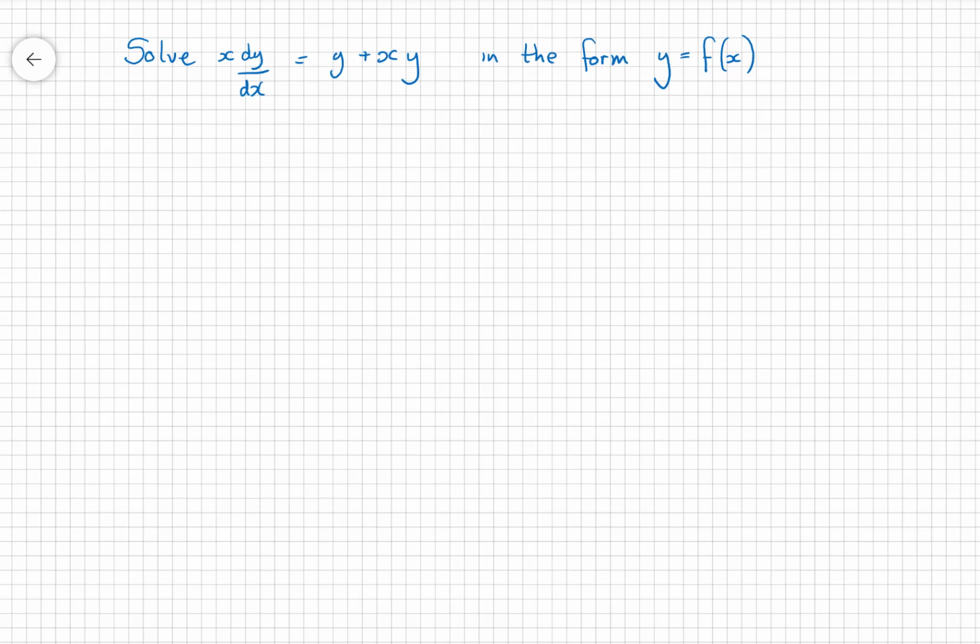How did you get on? If you began by factorising the right-hand side, you would have ended up with x dy by dx, and on the right you've got a common factor of y, and then inside the bracket 1 plus x. Well, now it's a bit more obvious that we can separate the variables.